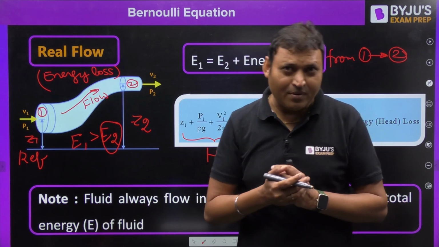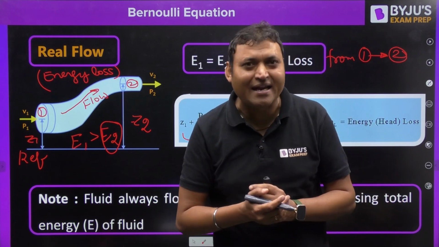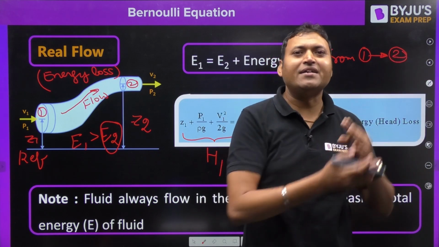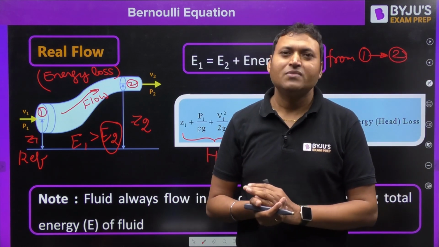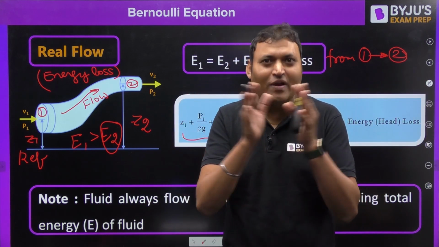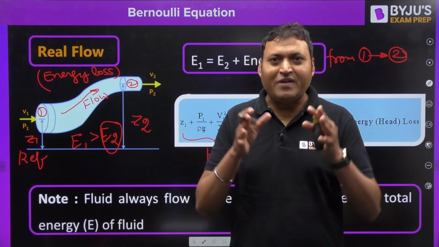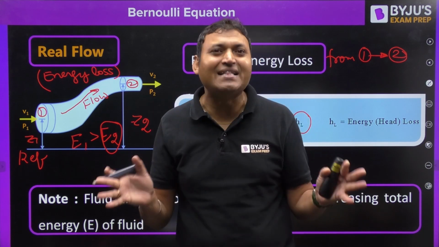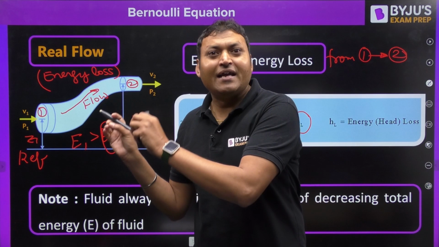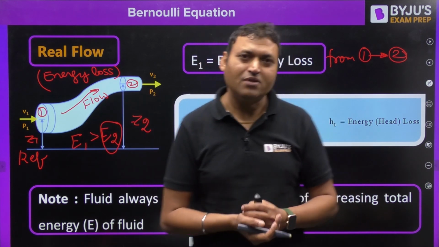So the energy conservation equation will be written as E2 is equal to E1 plus energy losses from 2 to 1. All right. So if we know the energy at 2 points, we can always find out the direction of the flow. If we know the flow direction, then we can write the energy equation with the losses term in the right direction.